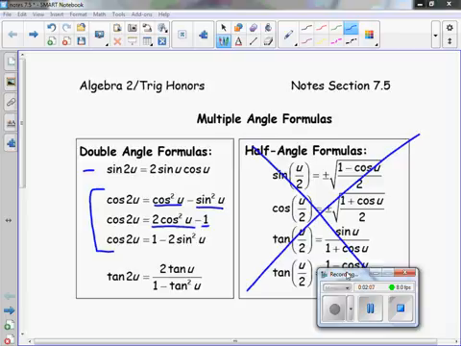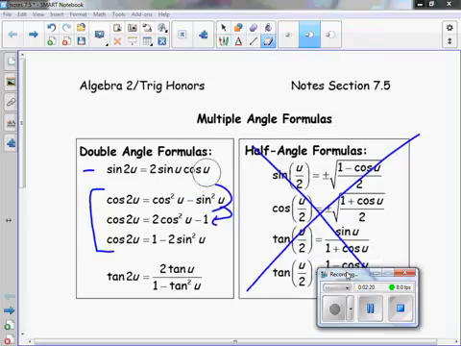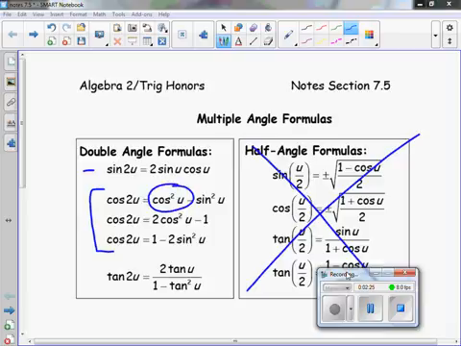If you replaced the sine squared up here with 1 minus cosine squared, that's how we get from here to here. And if we did the opposite and replaced this with 1 minus sine squared, using the Pythagorean, that would take us to this one.